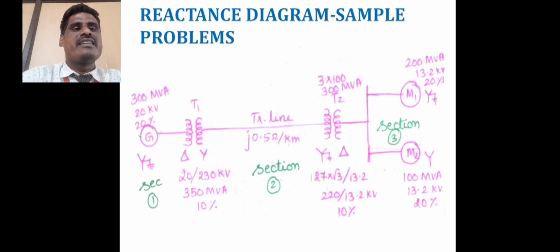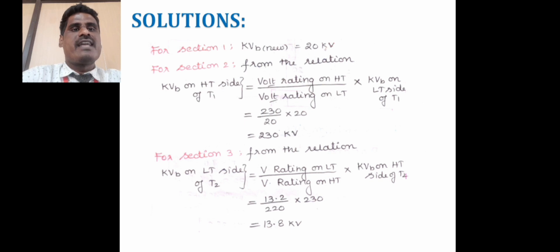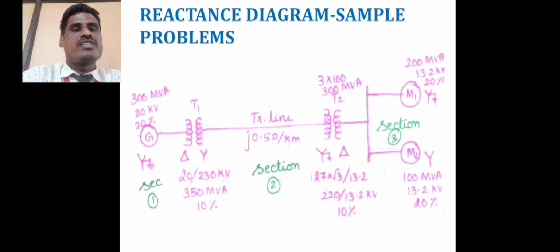First, we calculate the HT and LT voltage ratings of each section, and afterwards the new per unit impedance value is calculated for each one. First, calculate the value for section 1. For section 1, KVB new equals 20 kV, because the new base value is considered the same as the generator value.